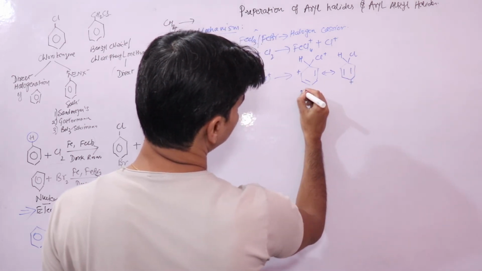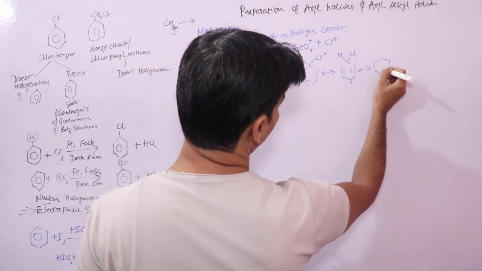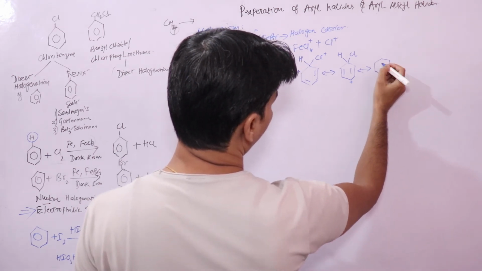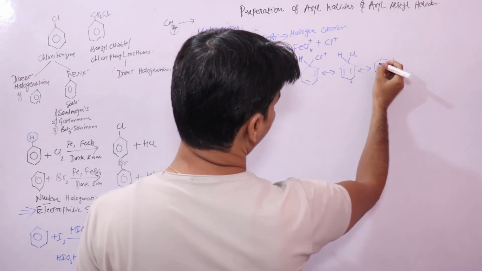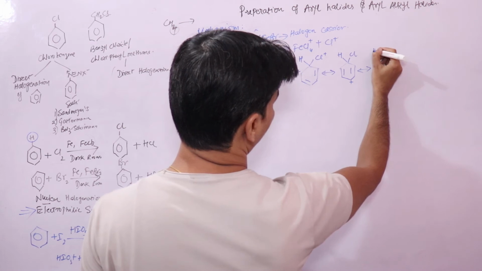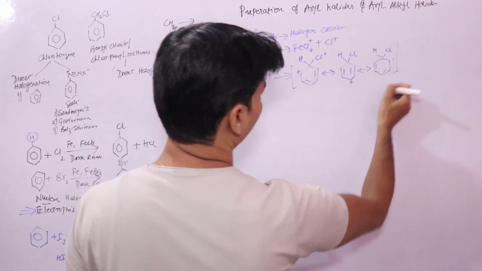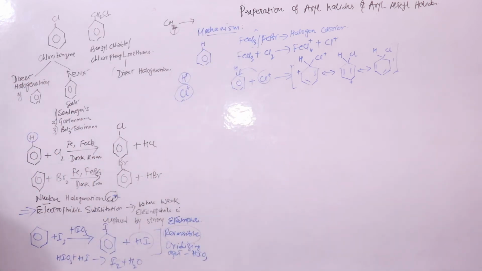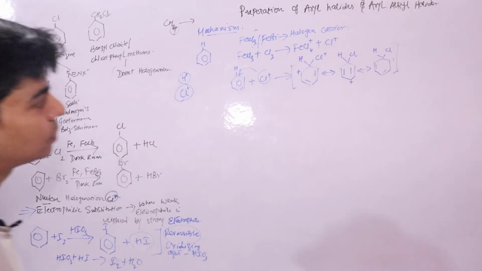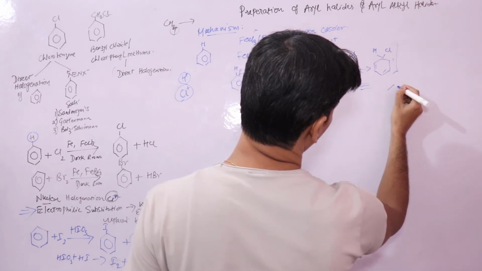Then the other you have is hydrogen and chlorine, right? These are resonance forms. And this is a carbocation, a sigma complex. We will call it a sigma complex, right? Let's draw the resonance hybrid. It will look like this.